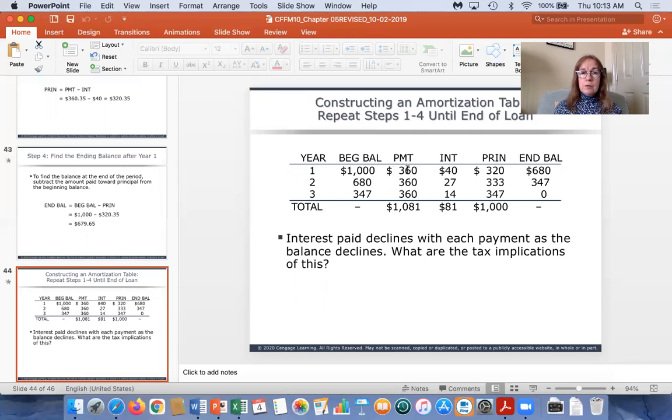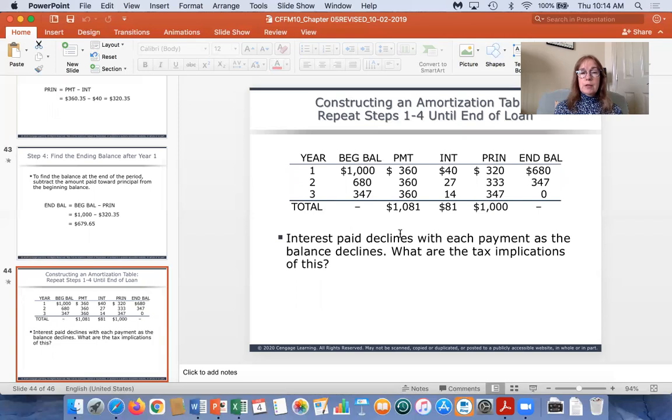So out of this first payment, $40 of it is going to be interest and $320 is principal. Subtract out the principal, 1,000 minus 320, and we have 680. That becomes our beginning balance in year 2. So you take 680 times 4% and you get $27 and so forth. And then you just do this again.